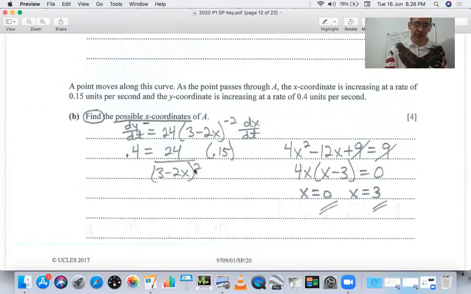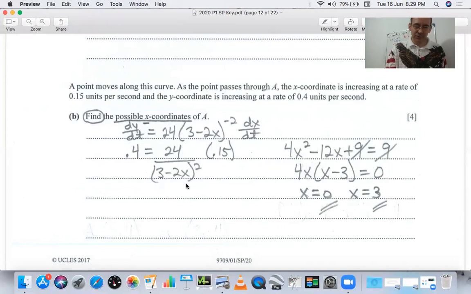Now, between my work here and my work over here, I did kind of skip a couple of steps. So again, we're multiplying the 3 minus 2x squared over to the left-hand side. And then I expanded it. So 3 times 3 is 9. A negative 2x times 3 and a negative 2x times 3 is a negative 6 plus negative 6, which is a negative 12x.